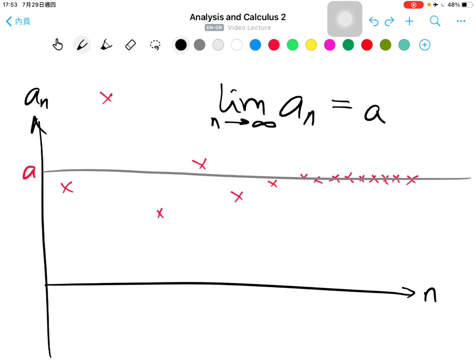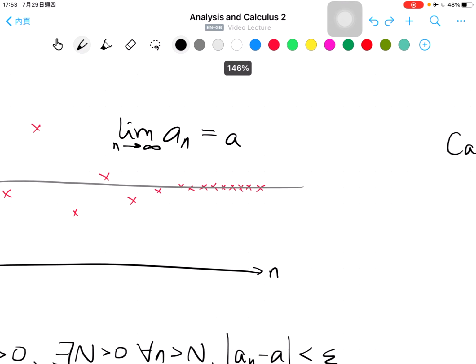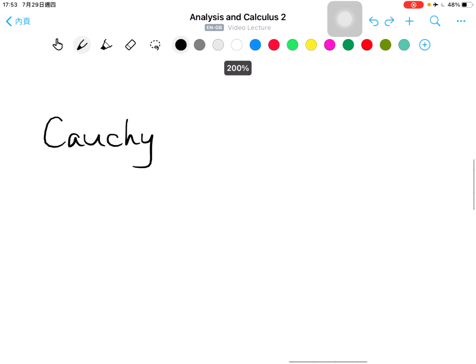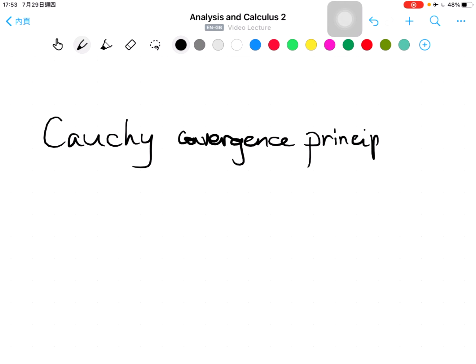And this is called the Cauchy convergence principle. Right, this is the Cauchy convergence principle.